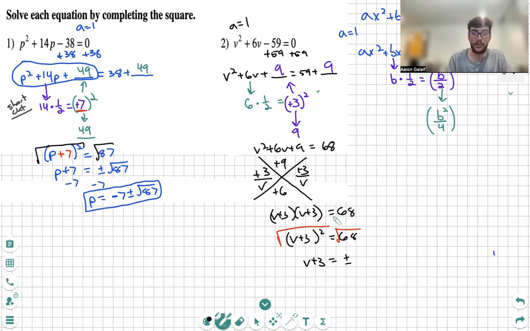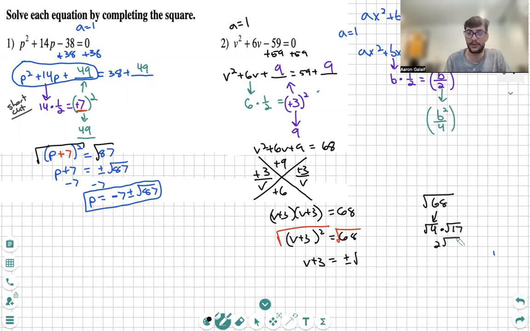which means we need to simplify it. So let's take it to the side and let's break it down. We know that 68 divided by 4 is 17. So square root of 4 times square root of 17. And in this situation, we'll get square root of 4 times the square root of 17.